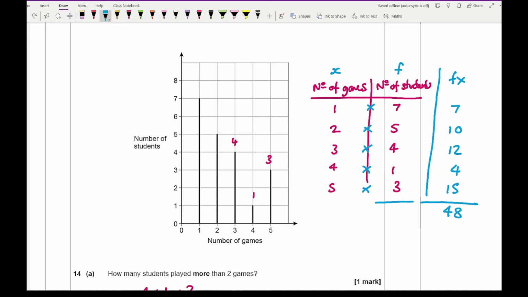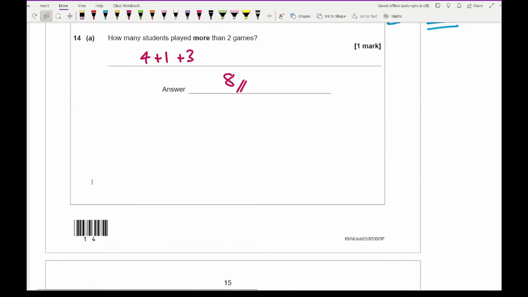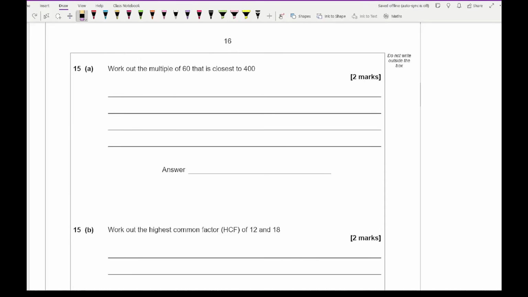And how many students there were altogether is 20. So then the mean is going to be 48 divided by 20, which gives me an answer of 2.4. And that's for B.